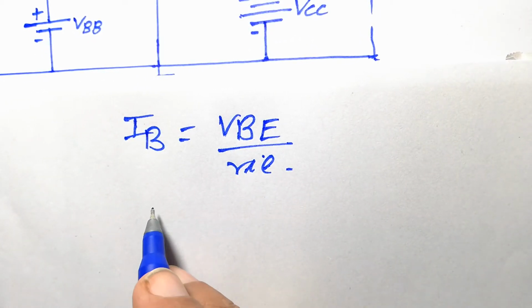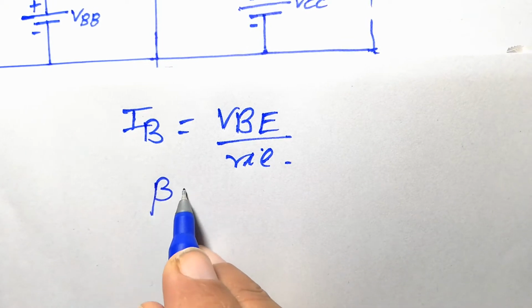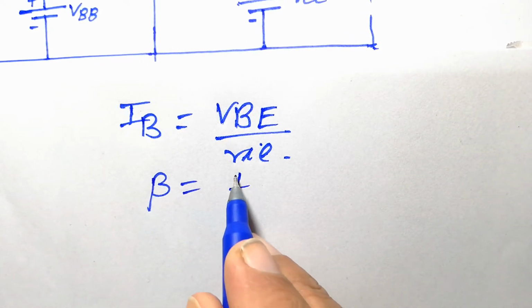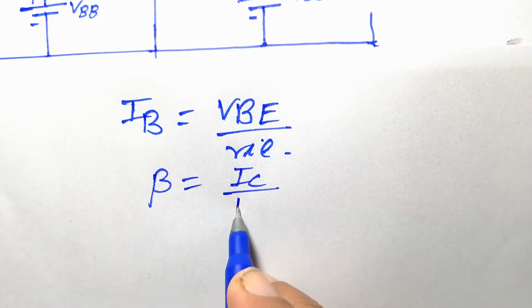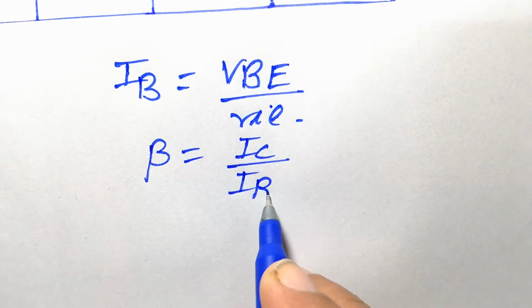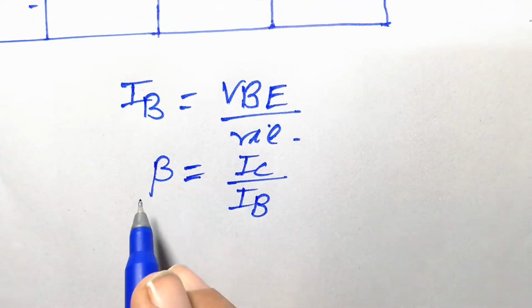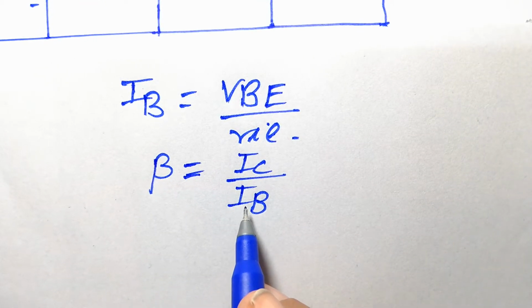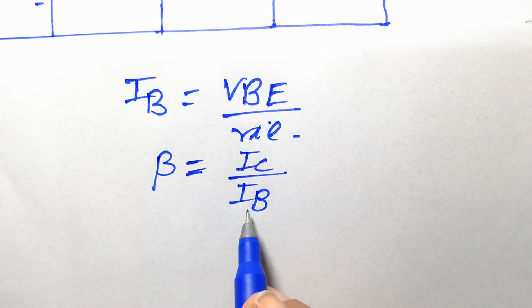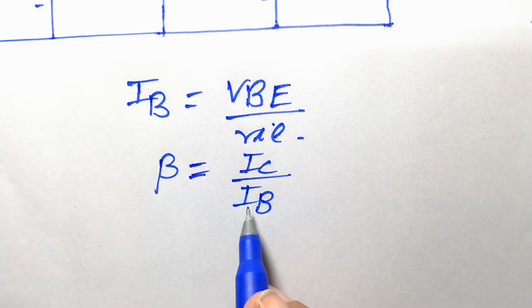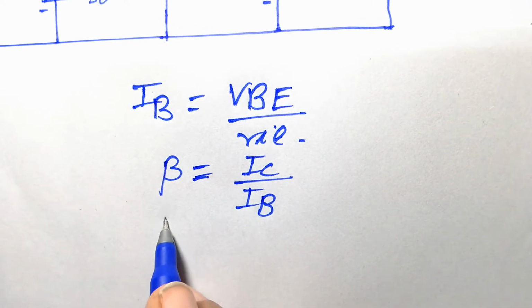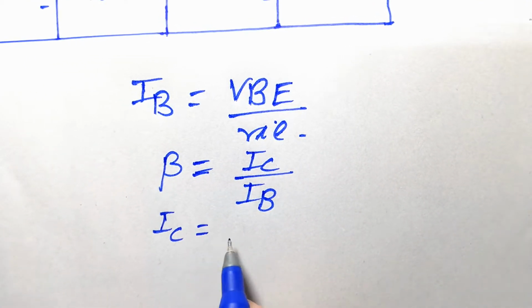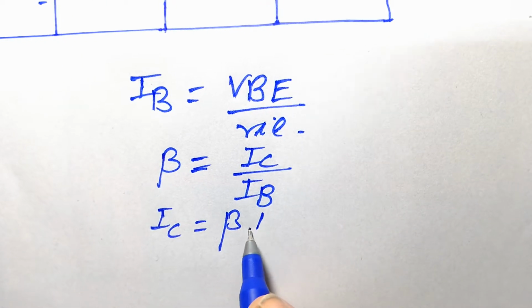And we all know the current gain beta is equal to IC over IB, the output current over the input current. So IC will be equal to beta into IB.